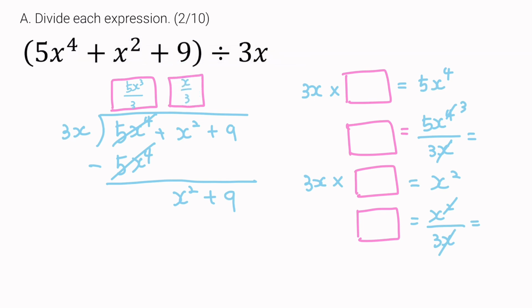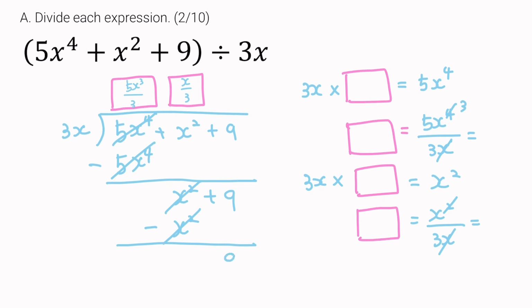All right, so if I multiply 3x with x over 3, I'll get x squared back. So I'm going to write it like that and subtract from the leftover so that I can get rid of that x squared term.